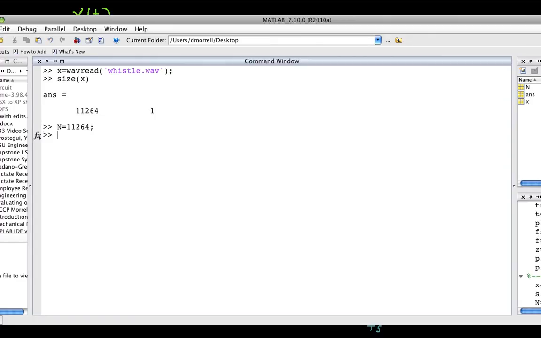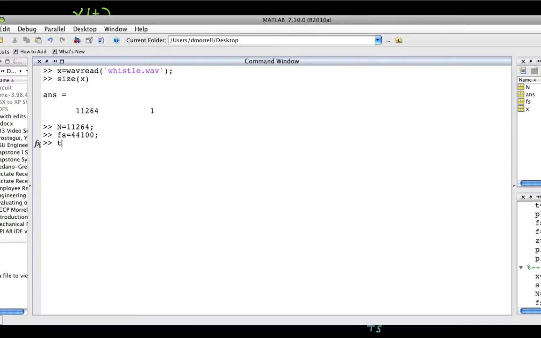Now I also know, because of the program that I used to record the whistle, that the sampling frequency is 44.1 kilosamples per second. This is the sampling rate that CDs use, by the way.